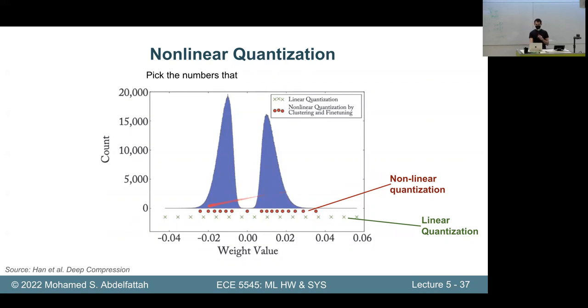So in this case, if I were to draw by hand where I want to represent numbers, maybe I'll put these red dots here, right? I will want to have a number here to distinguish between this one, and then most of my numbers I will cluster somewhere here, close to that peak, and somewhere here close to that peak, because that's where most of my numbers live, and so these are the numbers that I actually care about, right? So that's nonlinear quantization.